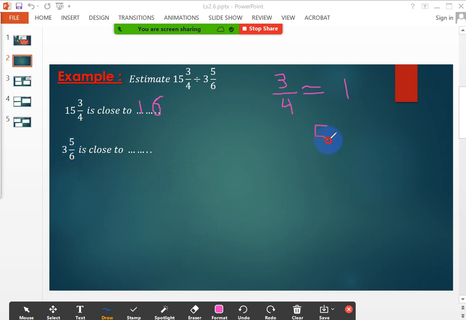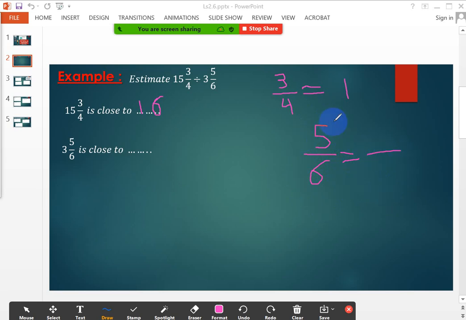My problem is the fraction also. 5 over 6, the numerator is close to the denominator. The difference between them is only 1. So I can round this fraction into the nearest whole also.